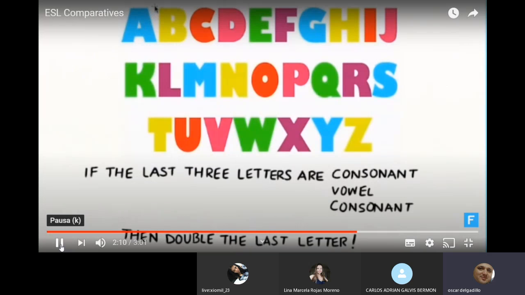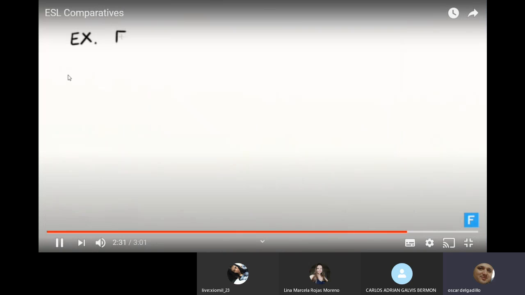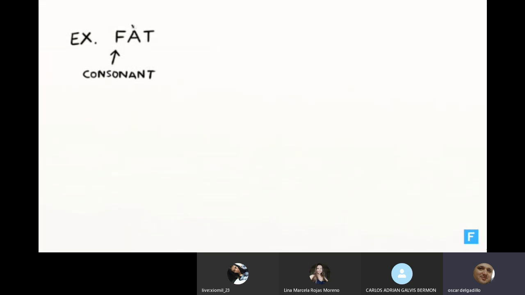How do we know whether or not to double the last letter of the adjective? First, we must understand the difference between consonants and vowels. A, E, I, O, and U are vowels. All the other letters are consonants. If the last 3 letters of the adjective are consonant, vowel, consonant, we must double the last letter. In these examples, pay attention to the last 3 letters.